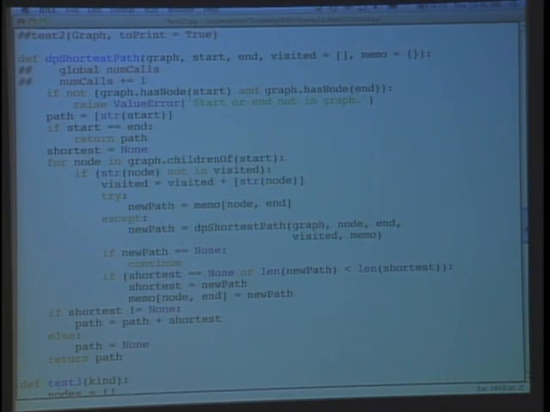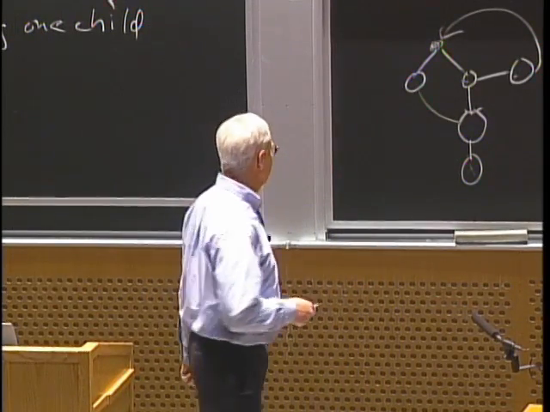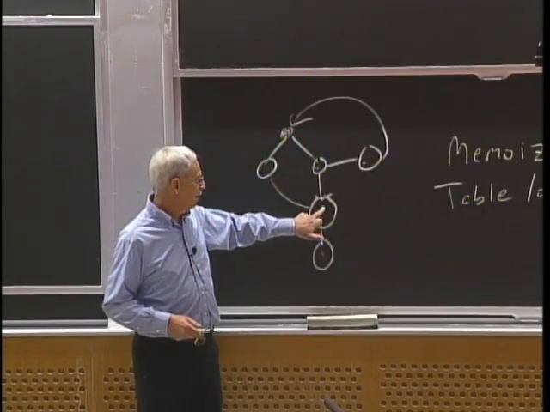The rest of the algorithm proceeds as before, except what happens here is when I want to get from a path, the first question I ask is I say new path is equal to the memo of node to end. So when I get to one of these interior nodes, and I want to say, what's the shortest path from here to here?